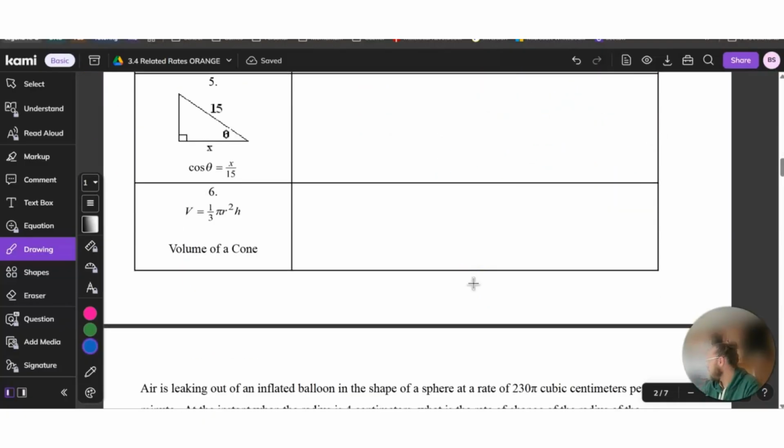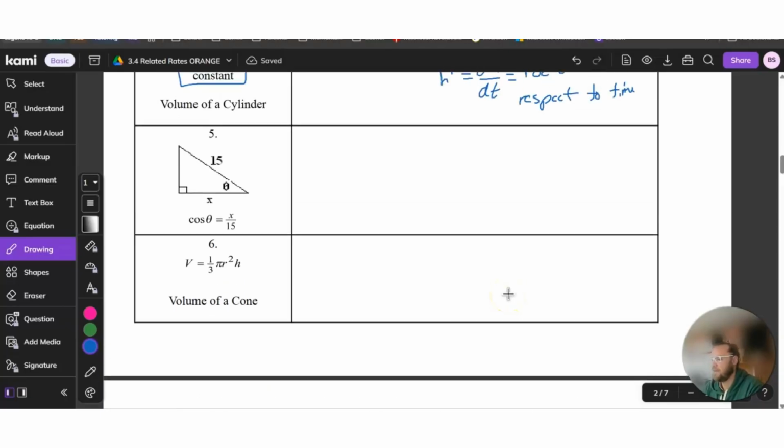All right. So now we're going to do it for an angle. All right, so I've got cosine of theta is equal to x over 15. What's the derivative of cosine? Negative sine. And then it's a chain rule, so theta times theta prime equals, the derivative of x is just x prime over 15.